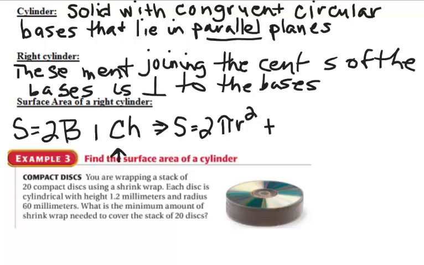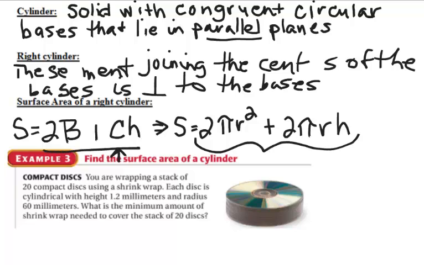Well, the circumference of a circle is 2 pi r times the height. And so for a cylinder, we get this more specific formula. It's the same formula. If you think about it, it's the same one. You just have to remember to put in each of the formulas for the area of a base and then what the circumference formula is for a circle, because these are circles we're dealing with now.